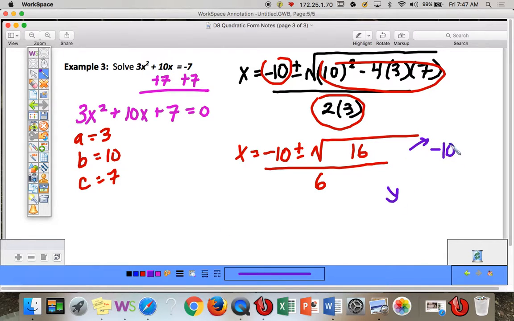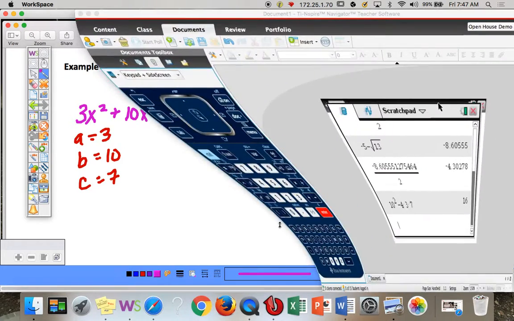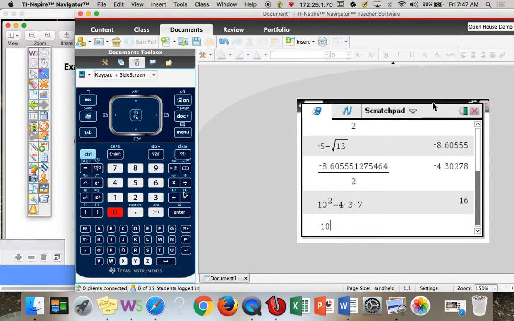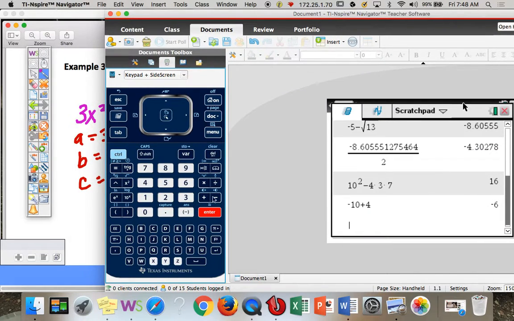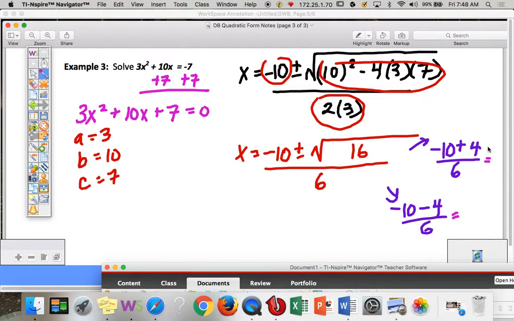So we have negative 10 plus the square root of 16, which is 4, over 6. And we have negative 10 minus 4 over 6. And so if we solve that, negative 10 plus 4, hit enter, divide by 6. Okay, so one of them is negative 1.